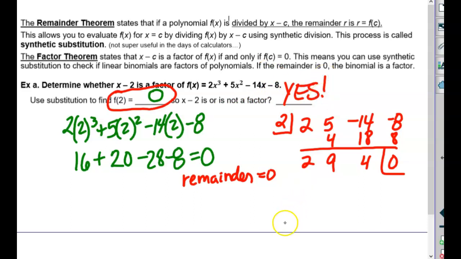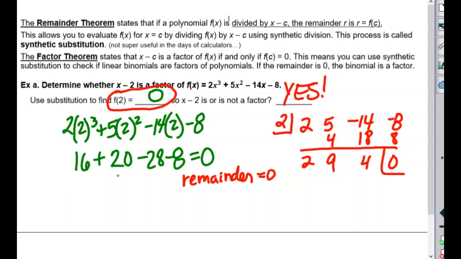Yes? Can I see what you typed in real quick? On the last one, I said I got 233. Oh. Yeah. Minus 8.